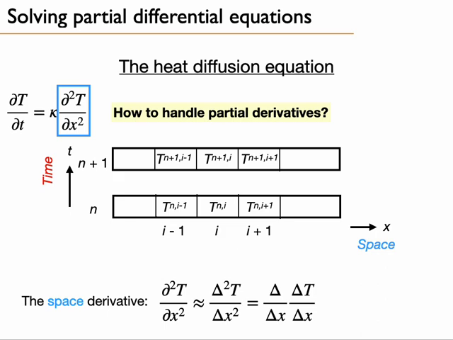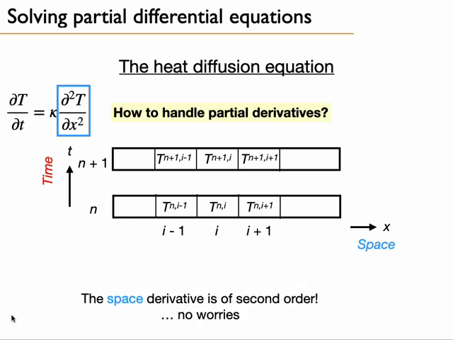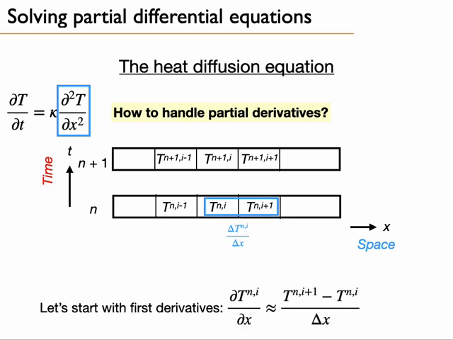So this may sound a bit fancy, but it's simple to apply. Let's do it on this example here. So no worries. Let's compute the first derivative in space. So with regard to T n, i, we can take the right value to compute the derivative between these 2 points.